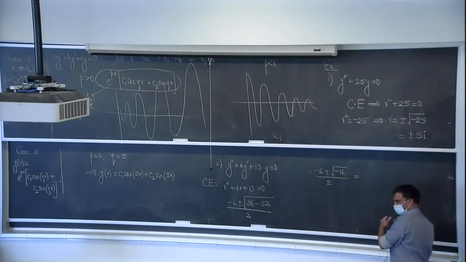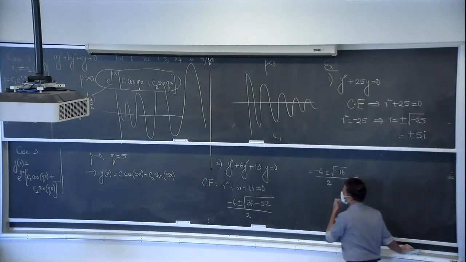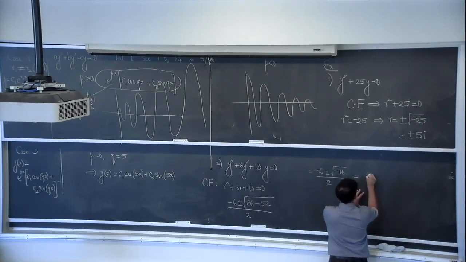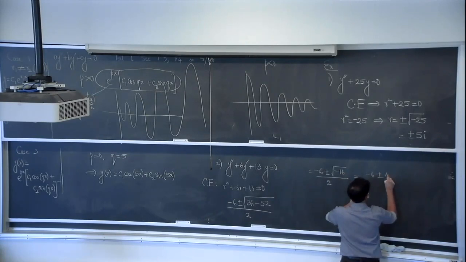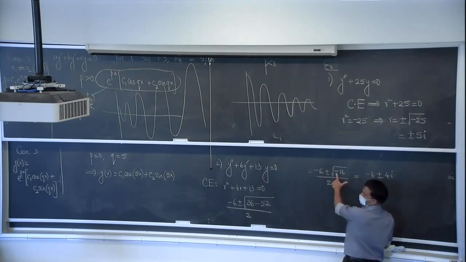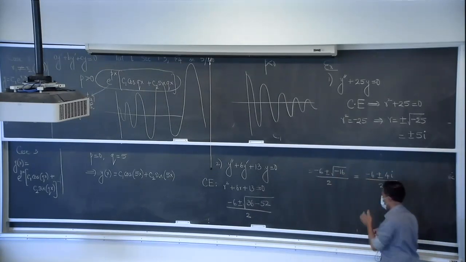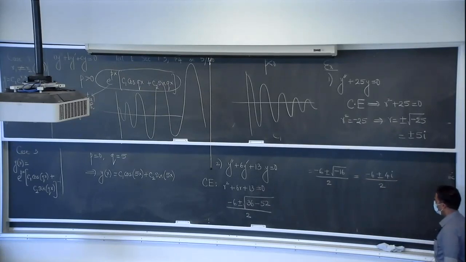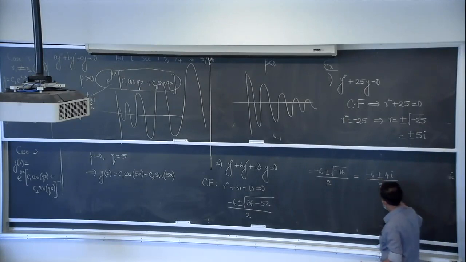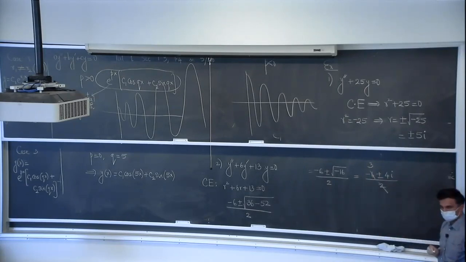Doing this slowly so that I'll show you some mistakes that I see on exams and quizzes. That's -6 plus or minus 4i. Square root of 16 is 4, square root of -16 is 4i, not -4. And for some reason, after so many years of math, students do this. Is that right?